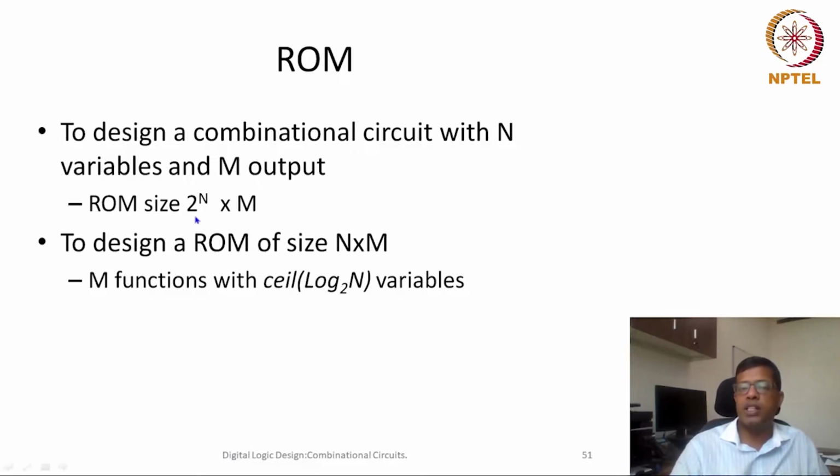This ROM will have 2 to the power 4, 16 entries, and because the function has only a single output, 16 cross 1 entries, and then the function would work like this. In other words, this ROM can be used to design any generic combinational circuit with n variables and m outputs.